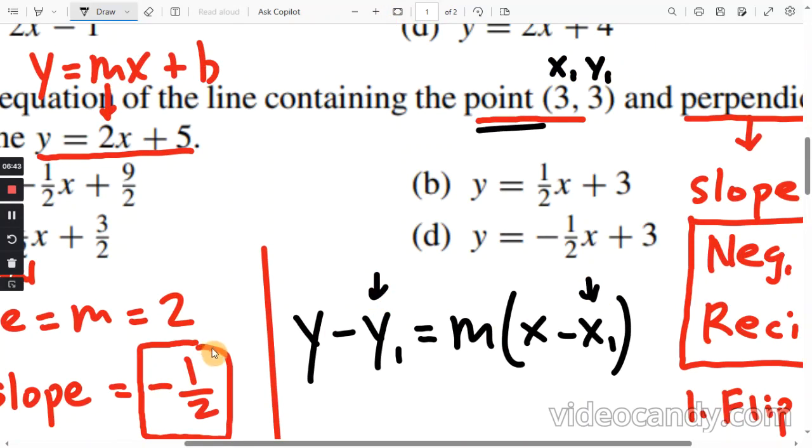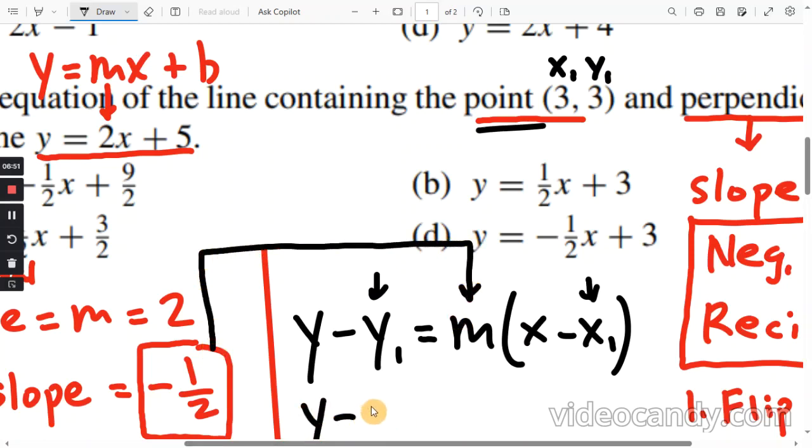And the new slope that we found plugged in right there. All right, let's see. Y minus y1, which is 3, equals m, which we said was negative 1/2, times x minus x1, which also happens to be 3.